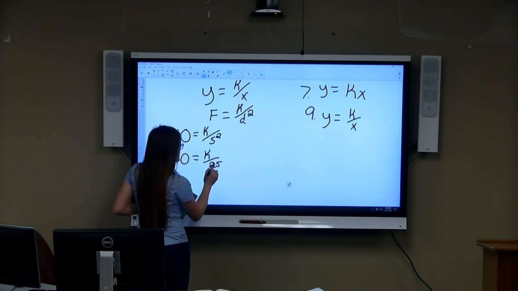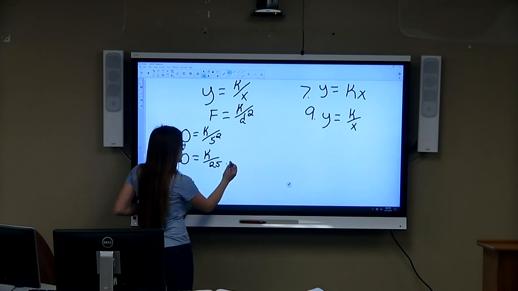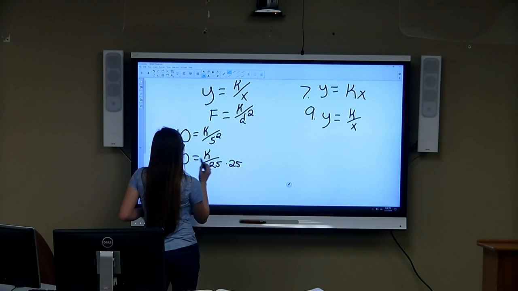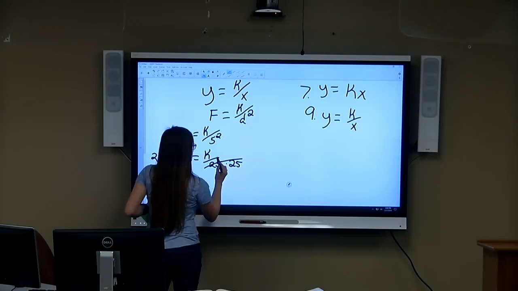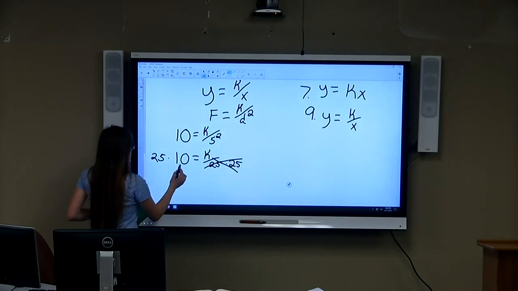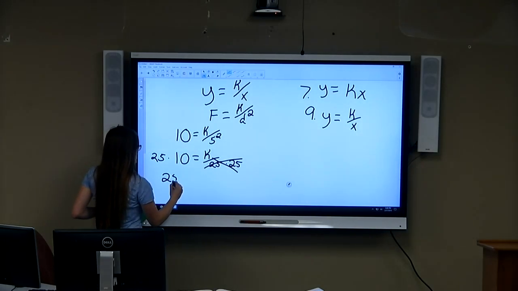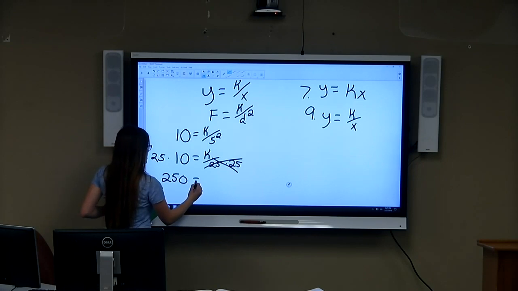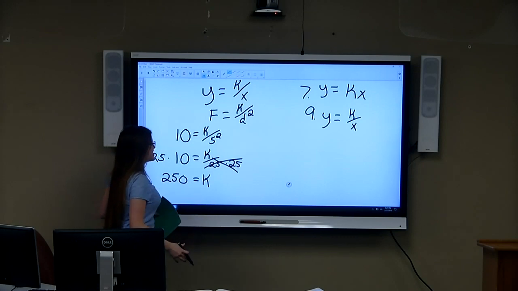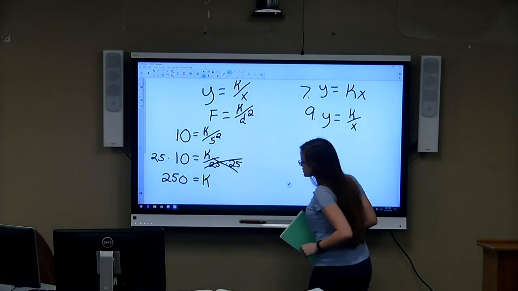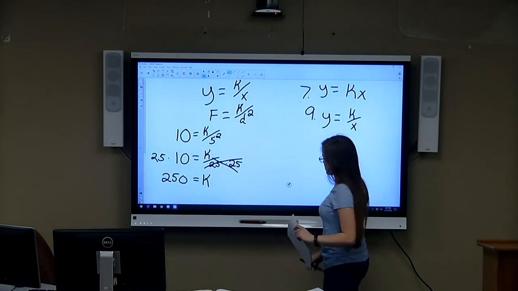You want to get the K by itself like last time, so you multiply 25 on this side and multiply 25 on this side. These two cancel out. This gives you 250 equals K. And that is the variation constant.